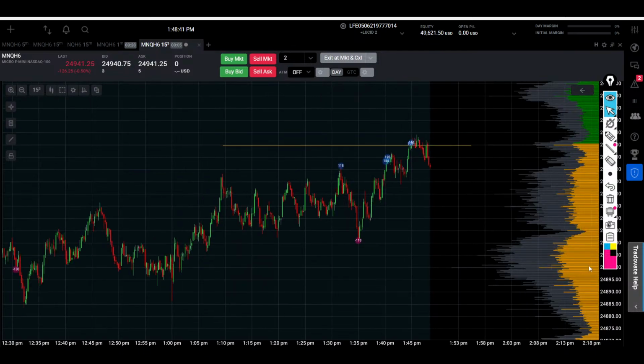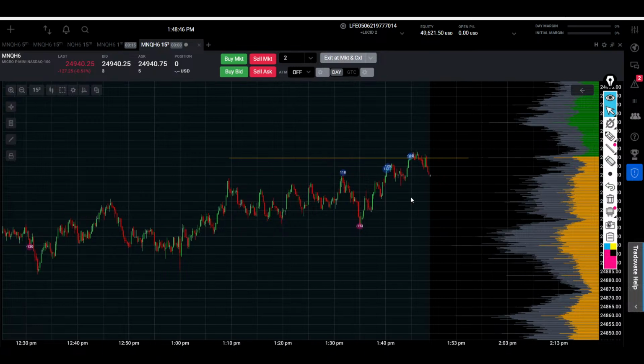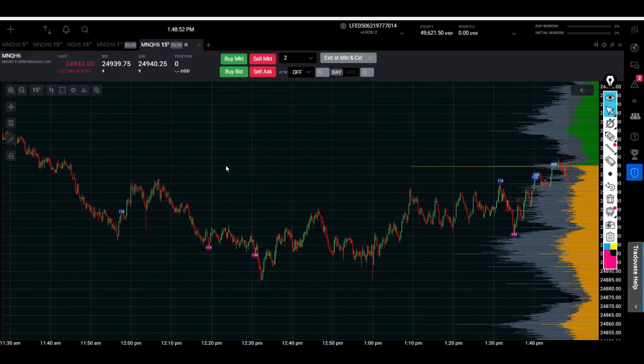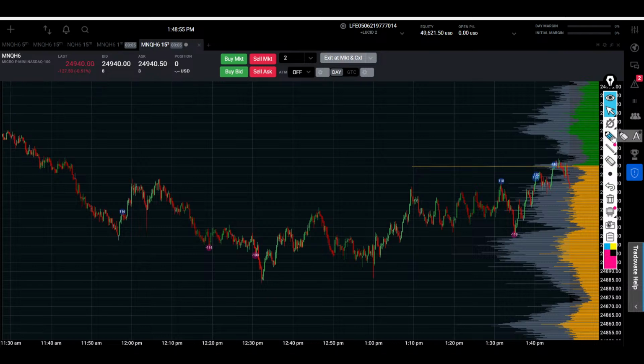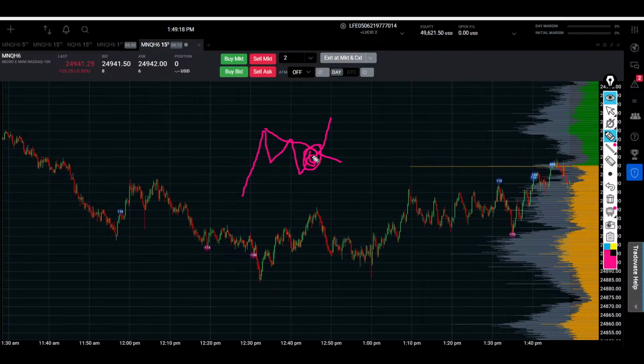So I was talking about my setup. I'm going to show you my setup here. So 15 seconds here, this is a 15-second chart. What I'm looking for is impulse, and then I have, and this is very important, you draw a line here, and before this line you have to have this flag, or small correction.